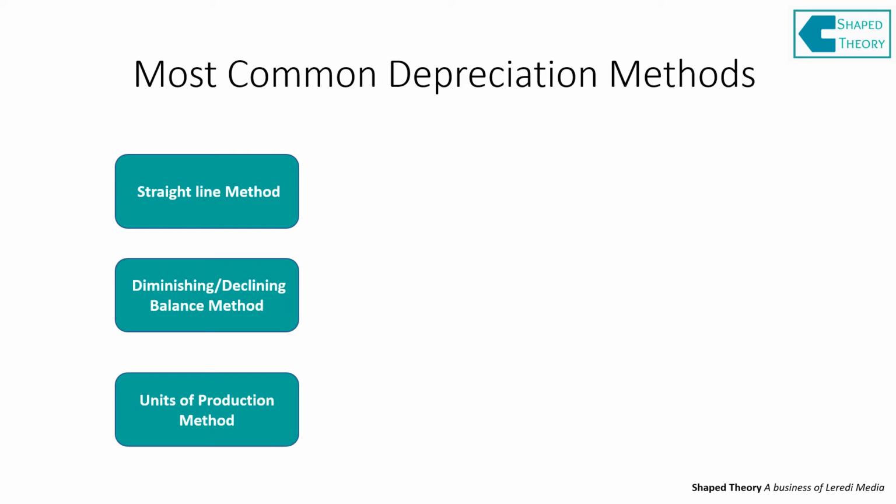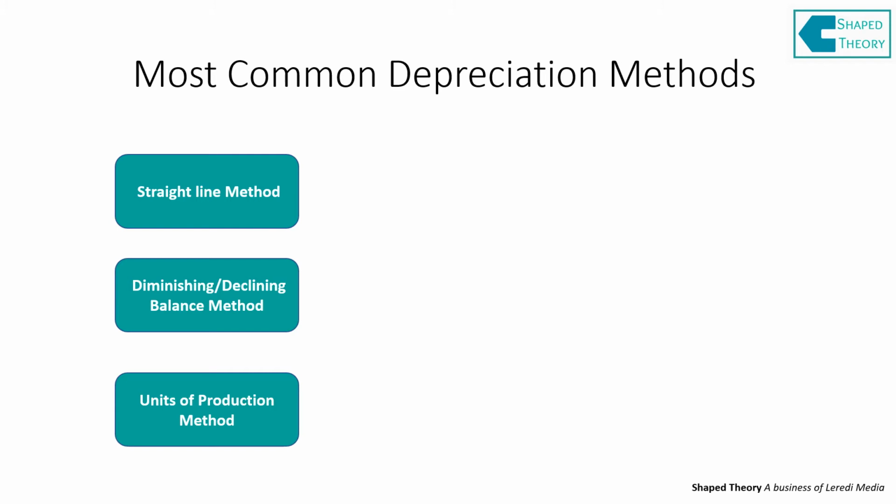The third one is the units of production method. This method is mainly used in a factory or manufacturing setup. The method is based on the number of units estimated to be produced by that particular fixed asset throughout its useful life.